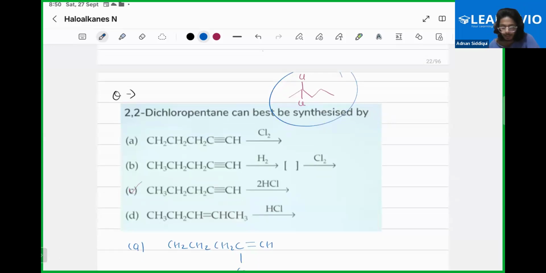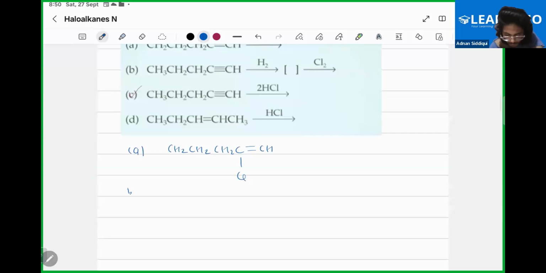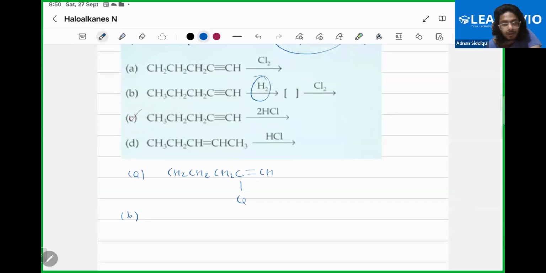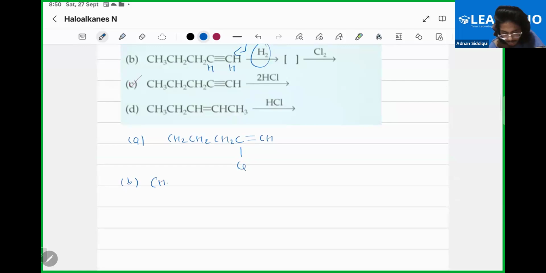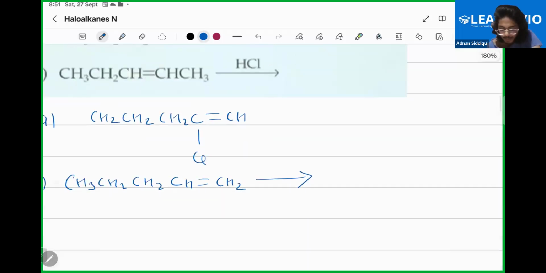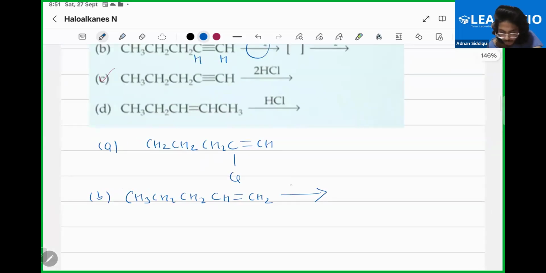Okay, let us think about the second one. What is this? This is hydrogen. So what we are going to do basically? Addition of hydrogen. If I add hydrogen and hydrogen here, this will convert from alkyne to what? Alkene. Good. CH double bond CH2. Now what I am doing? I am adding 2 equivalents of HCl.